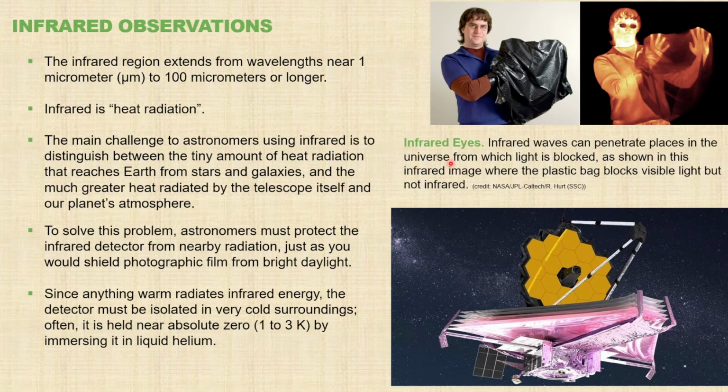The one challenge with building an infrared telescope is that since it detects the radiation from hotter objects, the telescope itself has so many electronics, it's constantly creating some form of heat.